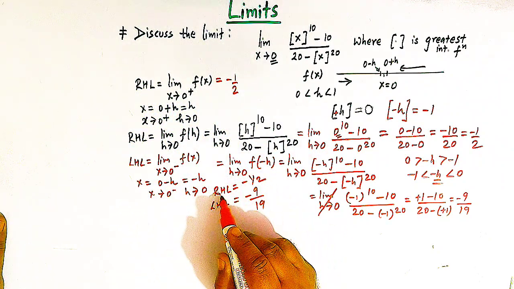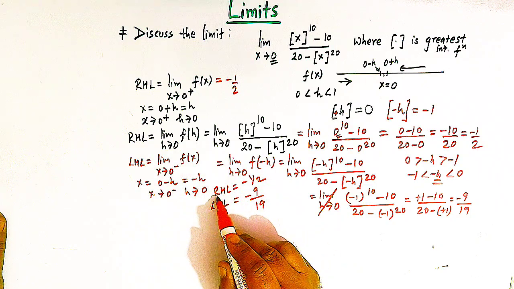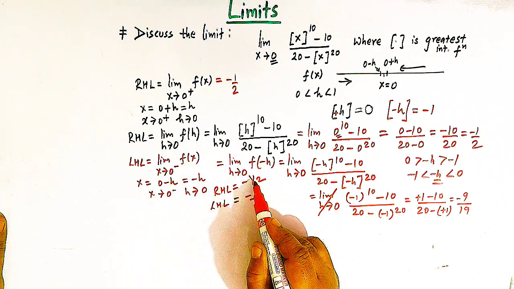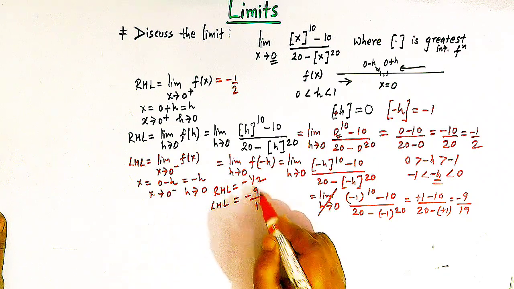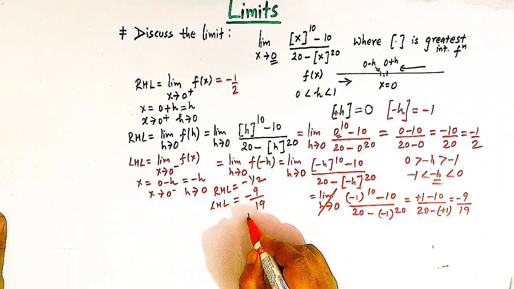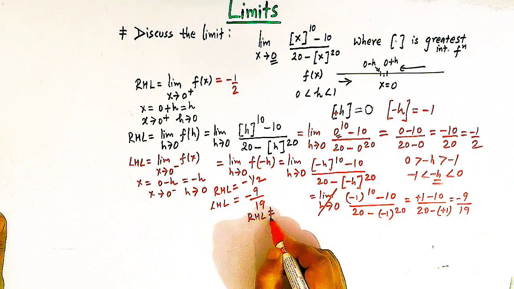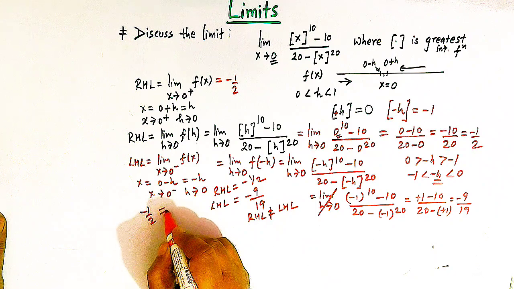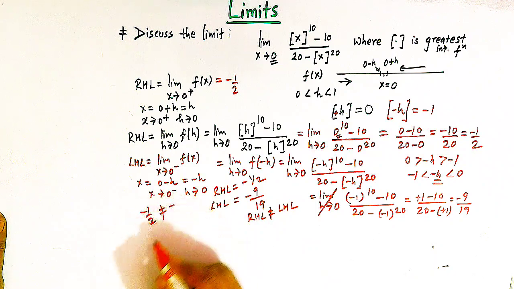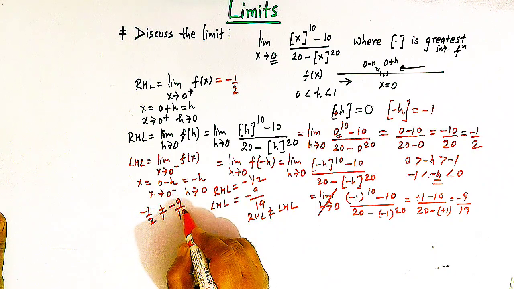So now we can see that although the right hand limit and the left hand limit both exist and they are finite numbers, the right hand limit is not equal to the left hand limit, because minus half is not equal to minus 9 over 19, right?